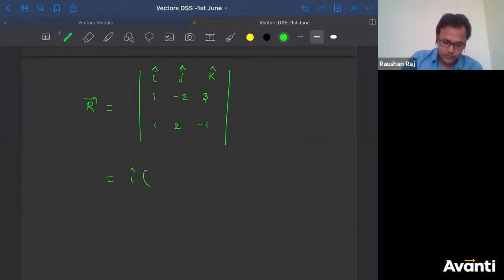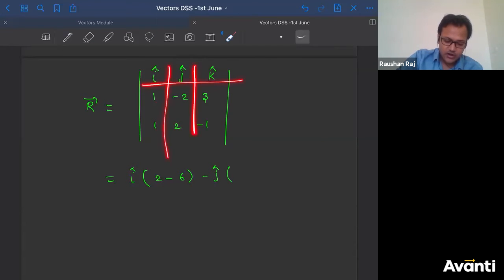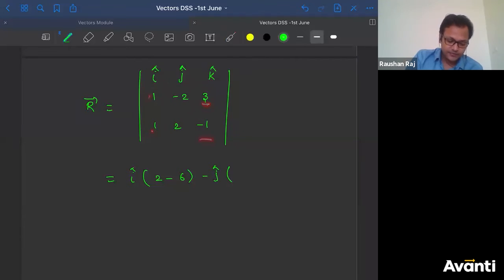i cap into this, the remaining part: minus 2 into minus 1 is 2, minus of 3 into 2 is 6, so minus 4. Minus j cap: for this term, this row and this column will not be considered, so I'm left with 1, 1, 3, minus 1: 1 into minus 1 is minus 1, minus of 3 into 1 is 3, so minus 4.